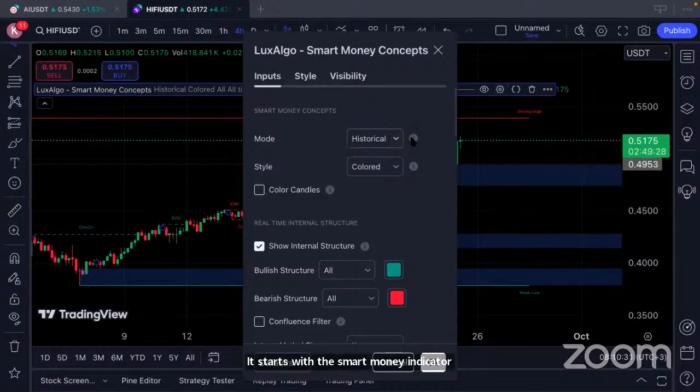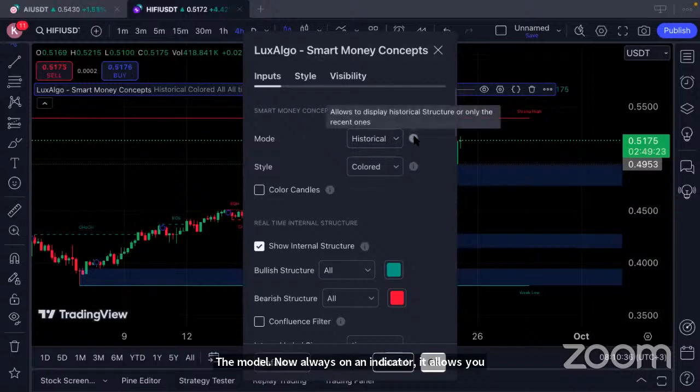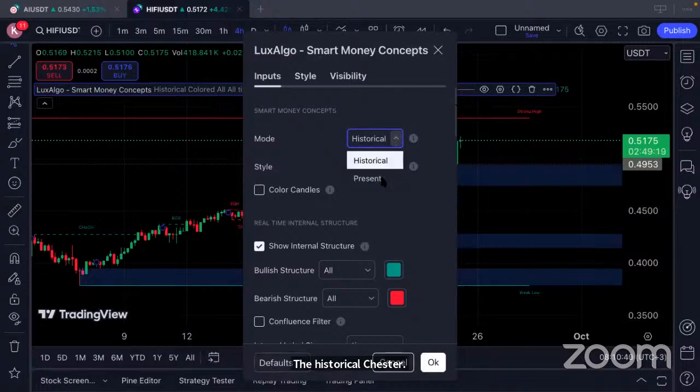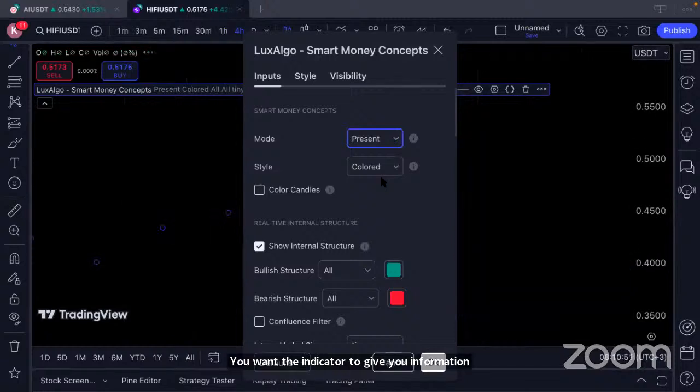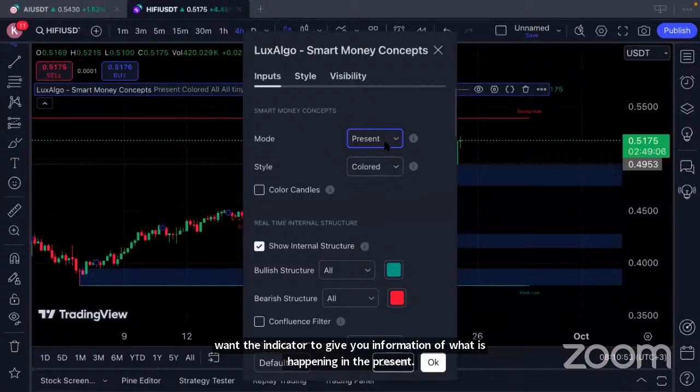On this indicator, it allows you to display the historical chart or only the recent one. So if you say you want the indicator to give you information of what is happening in the present, you want present data, you don't want historical data.